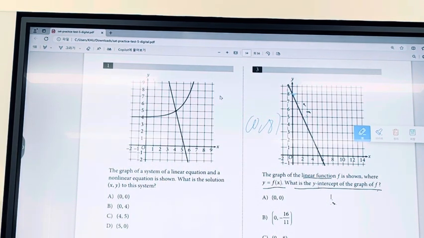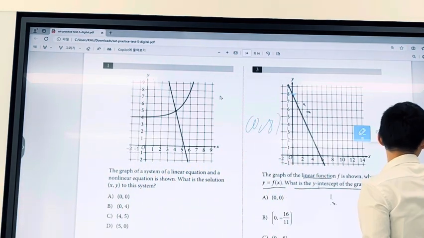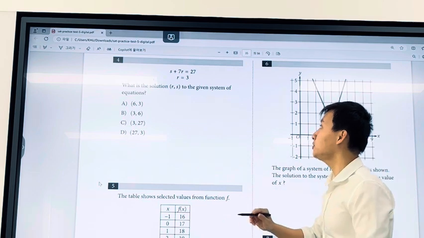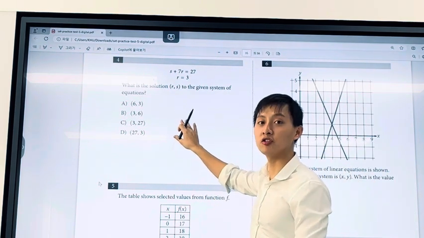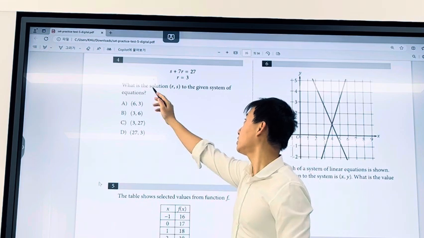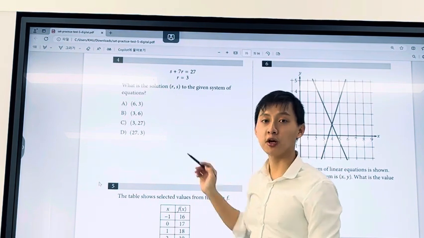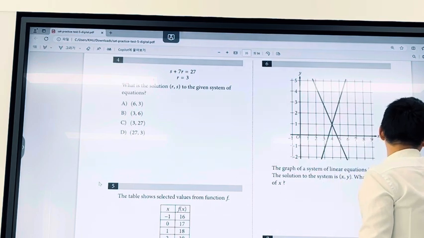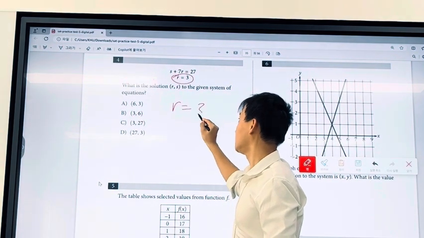So we move on to question 4. Read the question. This is a question about simultaneous equations. What is the solution r, s to the given system of equations? The first step, you are given that r equals 3.